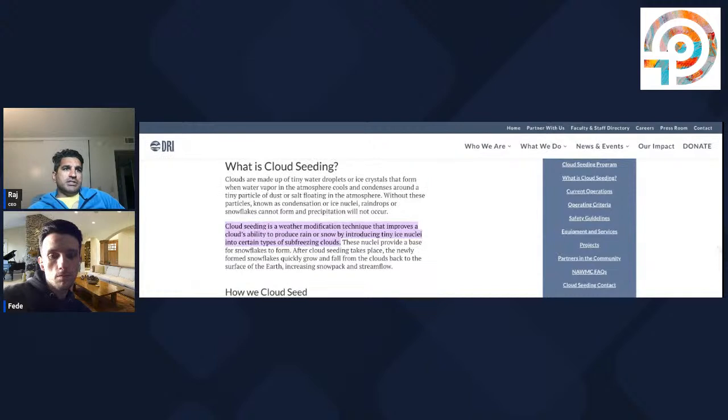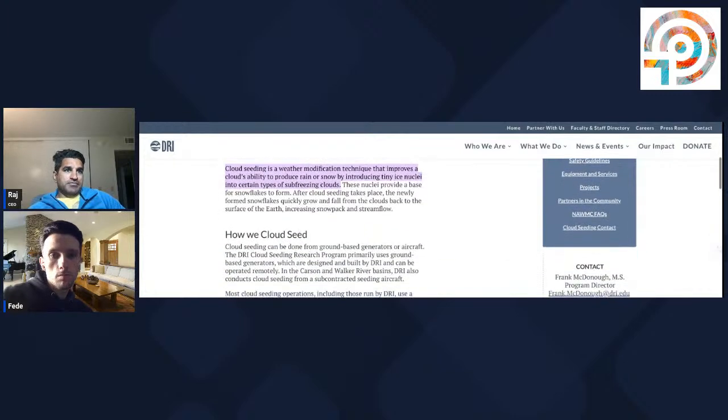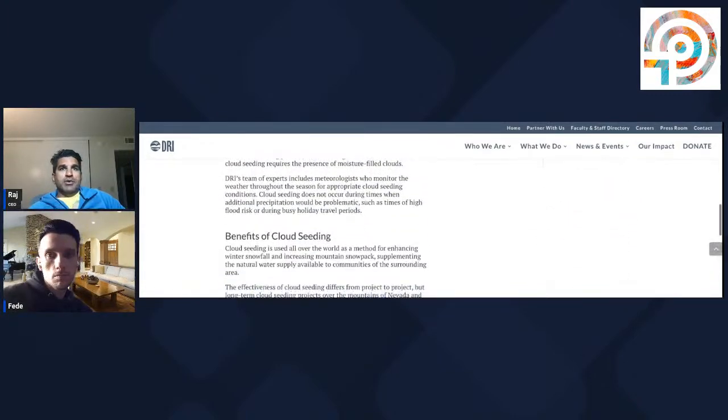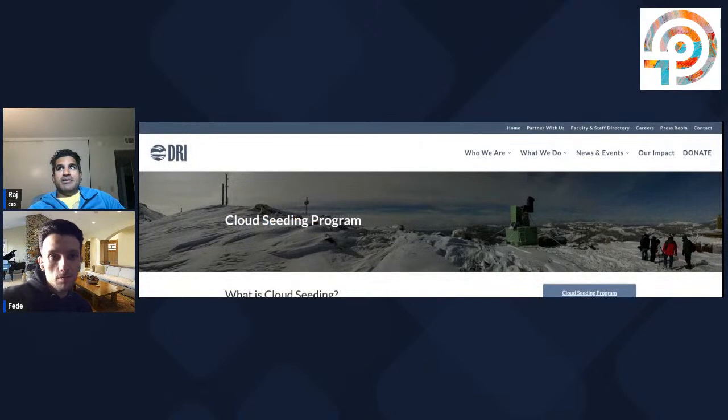Weather modification, where you put stuff in the air that creates the clouds for you. So if you want rain, you could just seed the sky with nuclei. I think they've been doing this for a long time. So if they want to have a rainy day, they can make it happen.